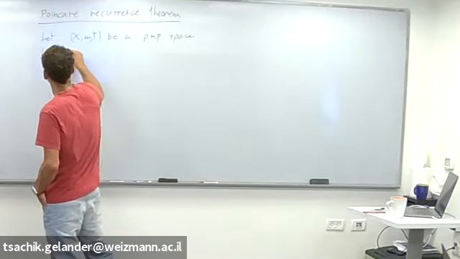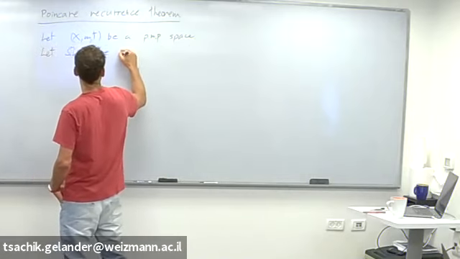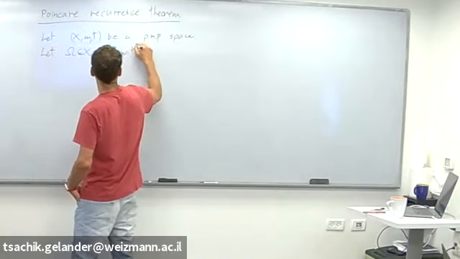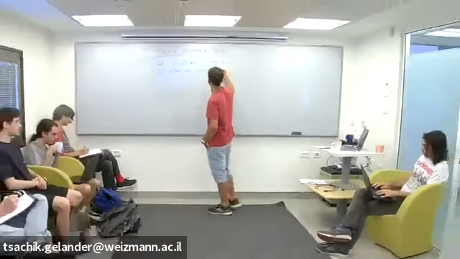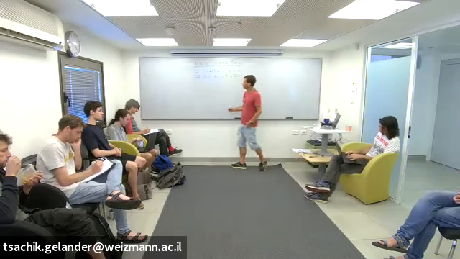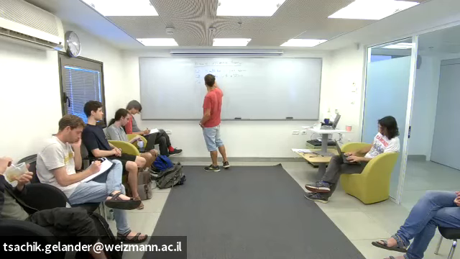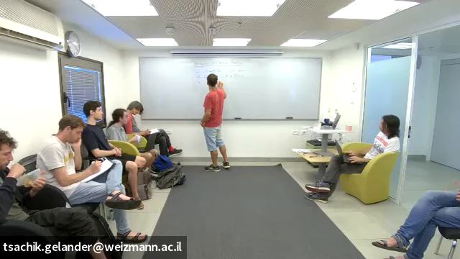Let Ω in X be a measurable set of positive measure, then T^n Ω intersects Ω non-trivially for infinitely many n.